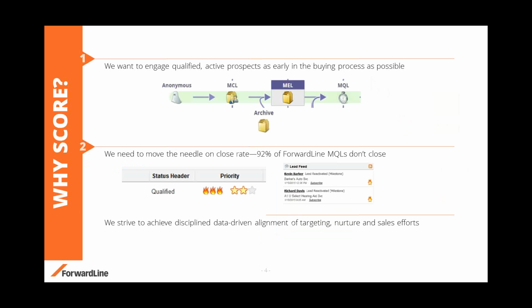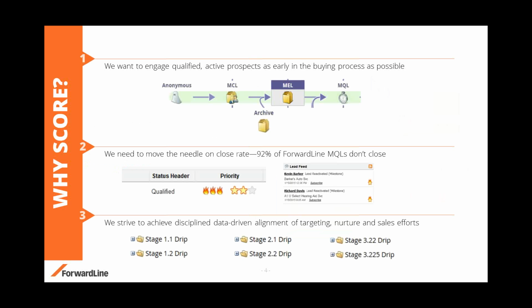So we had to answer the question for ourselves, when scoring was available to us and we decided to work with Marketo: why score? We took on our Marketo instance about a year ago, and after we had all of our email programs up and running, we found that we had the following issues that we wanted to address. We wanted to make sure that we engaged qualified and active prospects as early on in the sales process as possible.